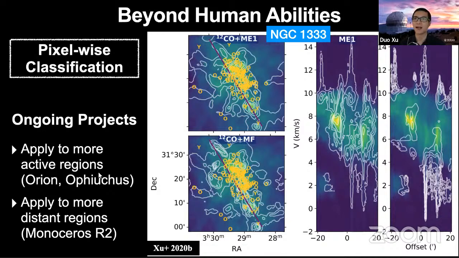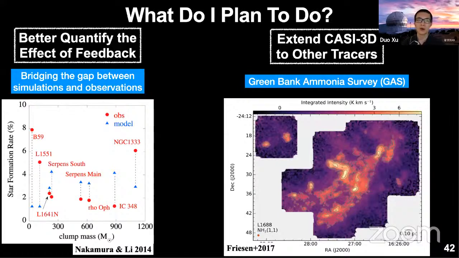The next step is definitely to extend our model to more active star-forming regions or more distant star-forming regions. With a better quantification of feedback, we might be able to reduce the gap between simulation and observation, because we have a better estimation of feedback, and then we could compare the actual feedback mass or energy to the star formation rate or star formation efficiency.